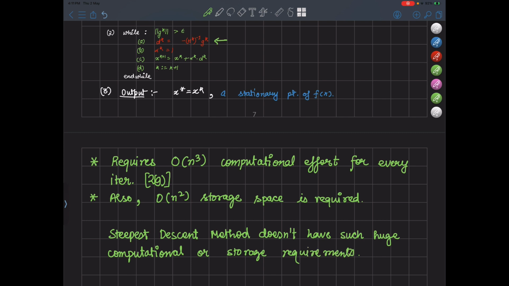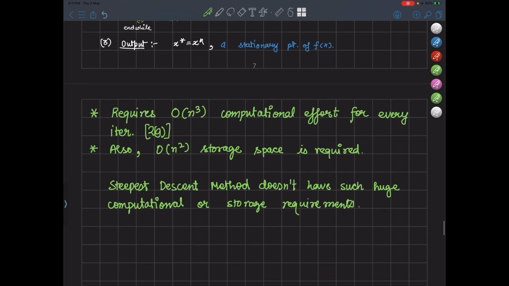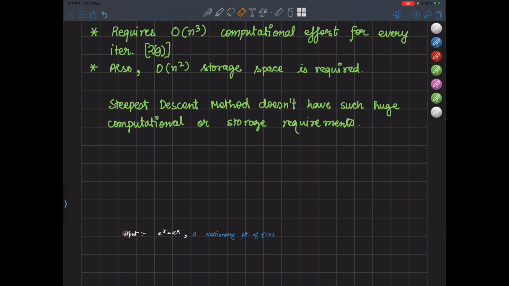All right. The second problem that this algorithm has is no guarantee that dk is a descent direction.